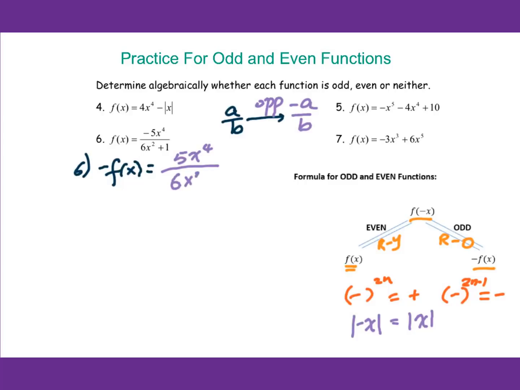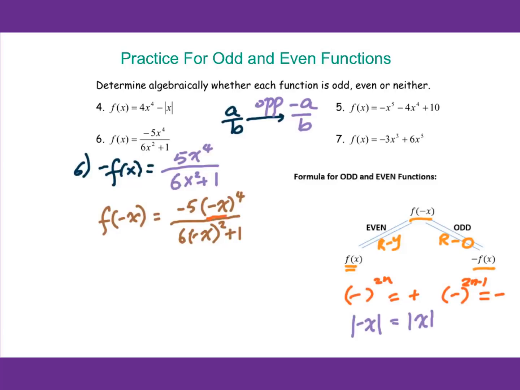The denominator stays the same. Then for f of negative x, every single x in the original function, you need to change into negative x. So you got negative 5 times negative x to the fourth power, over 6 times negative x squared plus 1.